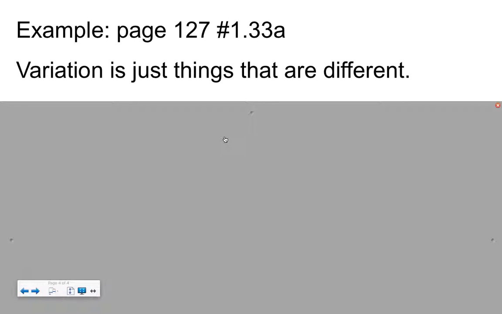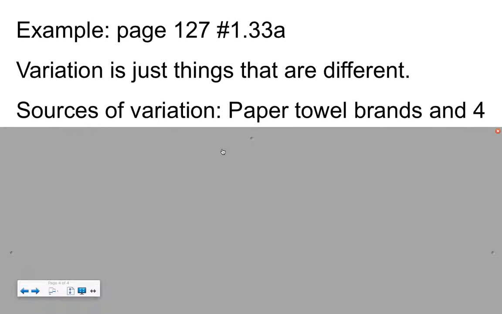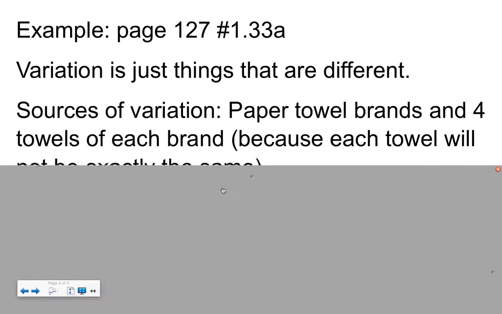So when I'm looking at the paper towel here, 2 sources of variation, I want to think about what are things that are different. So one thing that would be different would be the paper towel brands, right? They're not all the same brand. So that's kind of looking at the rows of the table. If I look at the columns in the table that they give me, so for example, that first row, it's all Bounty, but those are 4 different pieces of paper towel.